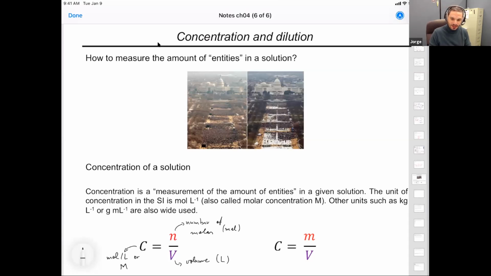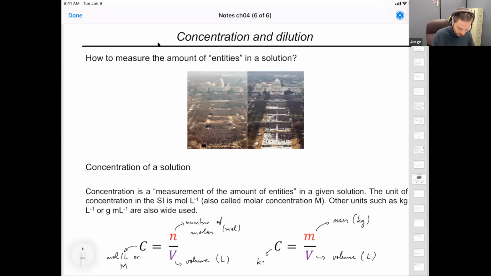Another way to express concentration is mass per volume. The formula here is the one represented on the right side of the slide. In this case, concentration is going to be mass divided by volume. In the international system, mass is in kilograms, and for volume we are going to use the usual unit, liters.